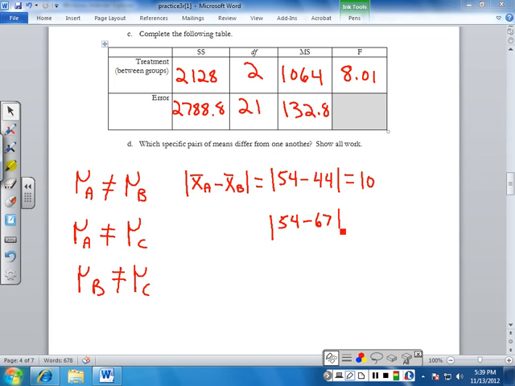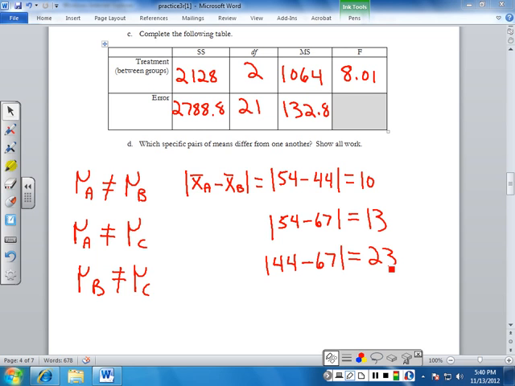So those differed by 13. And for B and C, I have 44, 67, and that's 23. So those are just the sizes of the difference between each pair of sample means.